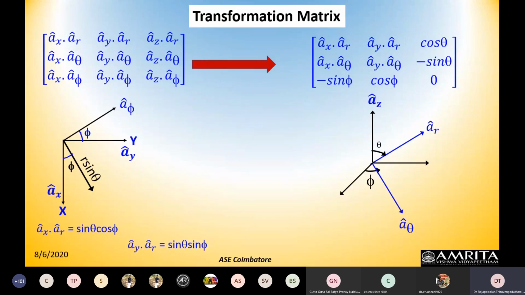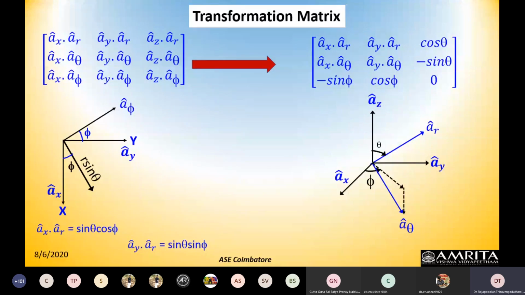Given this, these are mutually perpendicular directions: this is my radial direction, this is my a theta direction. This makes an angle theta with the xy plane, 90 minus theta, so this must be making an angle theta. I am sure you are seeing my hand, and I think you can see the video once I upload it to YouTube. If you still don't understand, you are welcome to come and discuss with me.